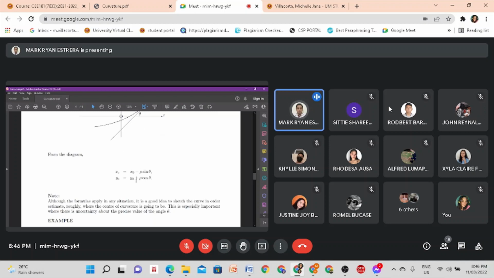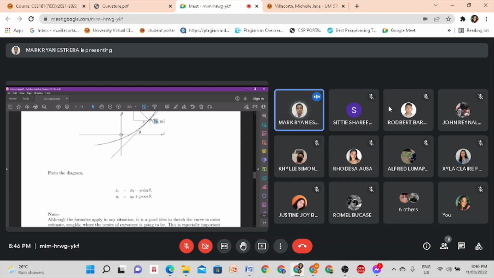Okay, so in finding the center of the curvature, you have this xc, the formula is always like this, that is equal to the xo that is given. So this xo given here at point P. There is an external sound that you can hear, so just ignore that one.